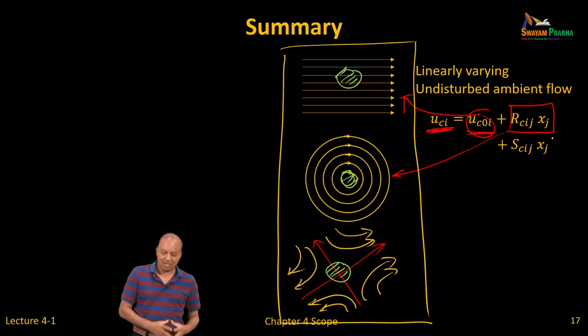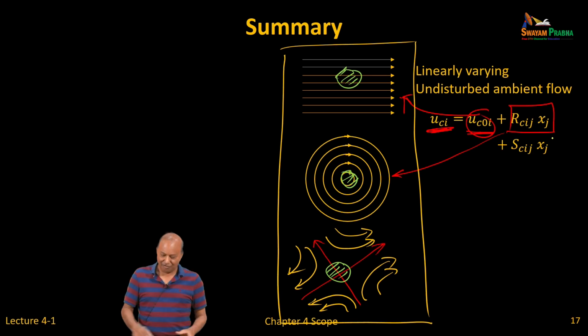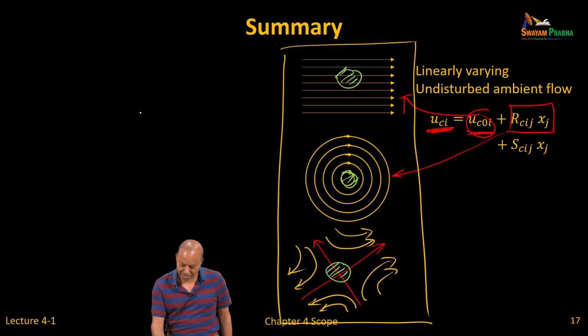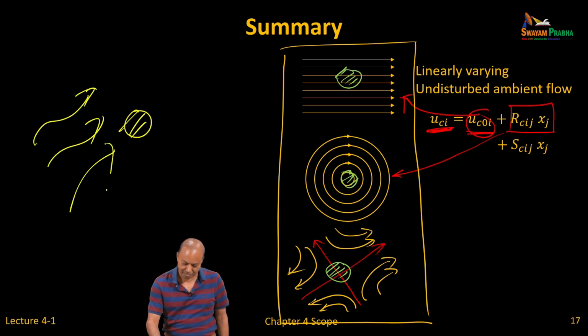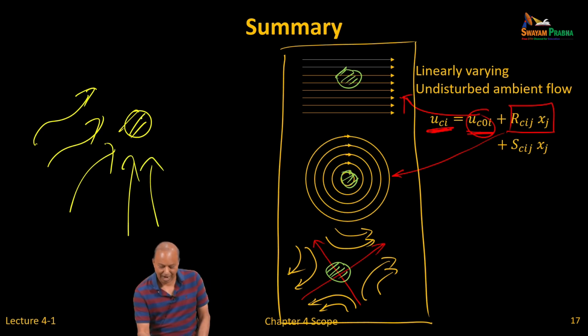So, why this problem? The way I have broken this problem, you can see that if you have a particle and a complicated flow coming towards it, you can do a Taylor series expansion of the undisturbed flow.